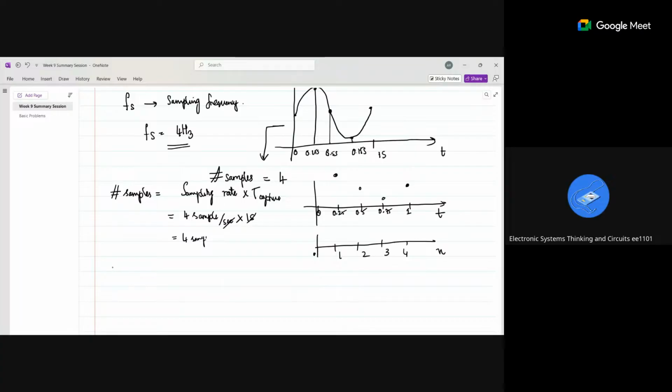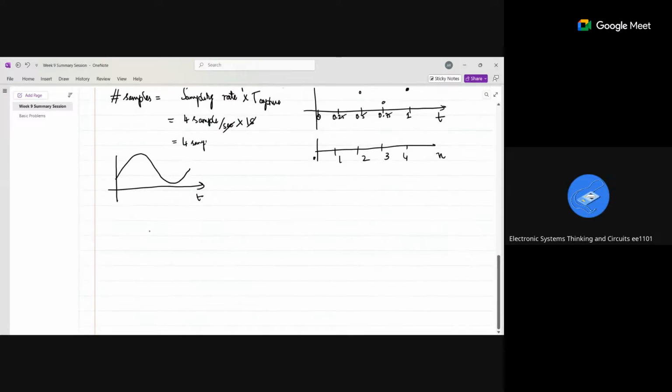If my signal is slow moving, slowly changing with respect to time, and I have another signal which is changing rapidly with respect to time, here if I'm assuming my sampling frequency is some value, then let it be fs1.